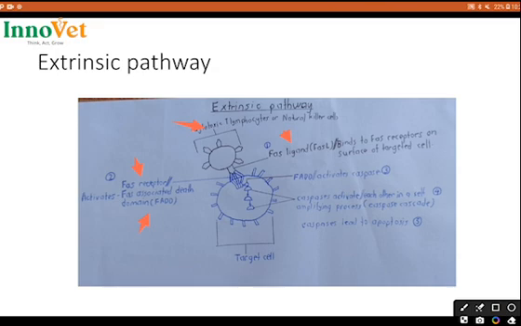The activated caspases will then activate each other in a self-amplifying process called the caspase cascade, leading to apoptosis.